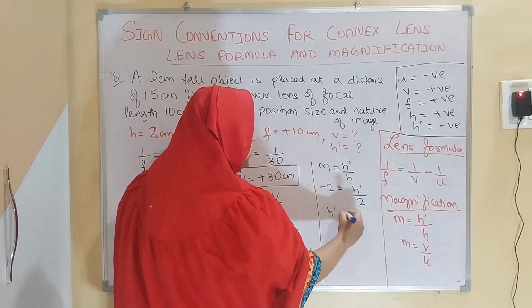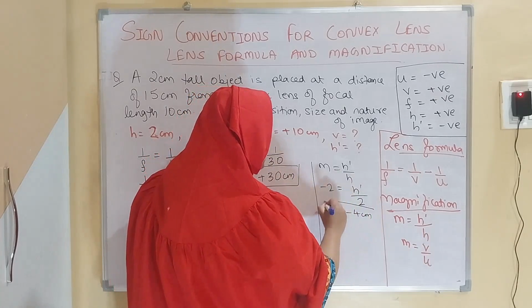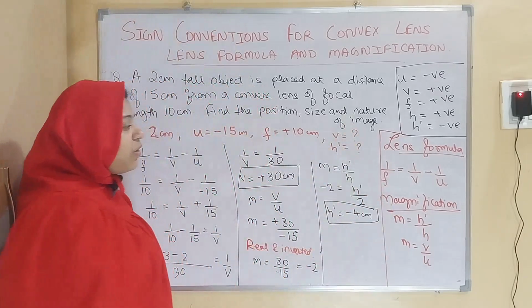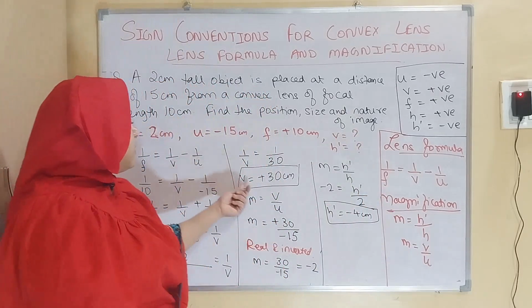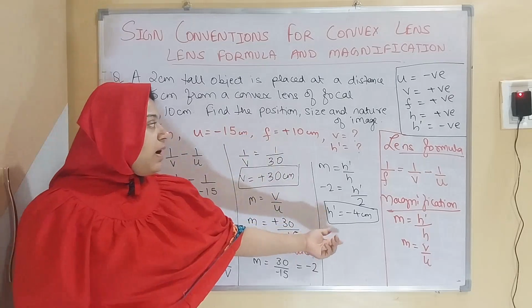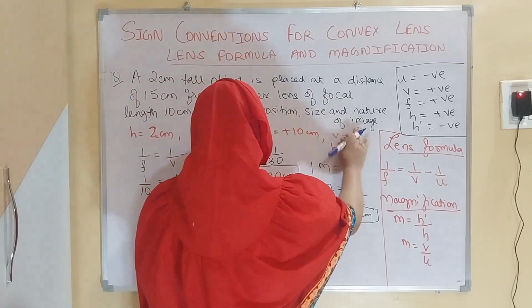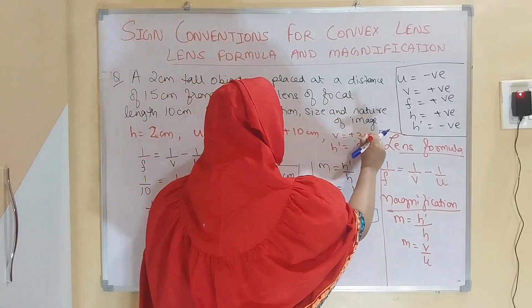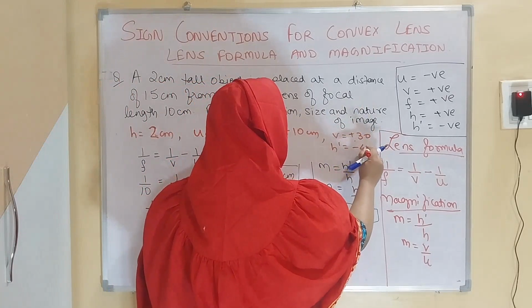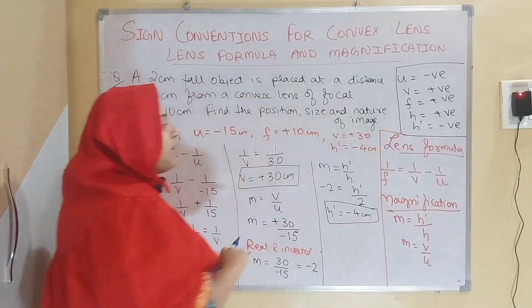So h dash is equal to minus 4 centimeter. So this is the height of image. So we have calculated the position of image, plus 30, and the height of image, minus 4 centimeter.